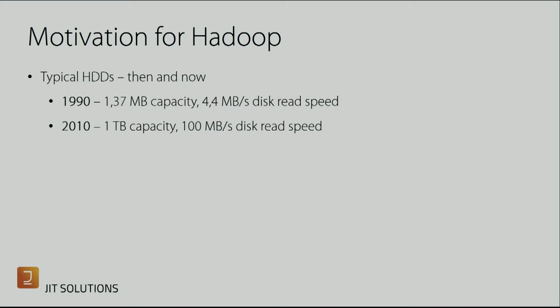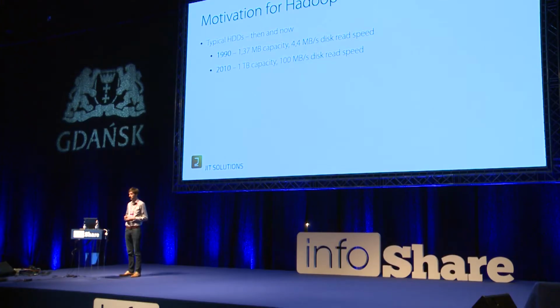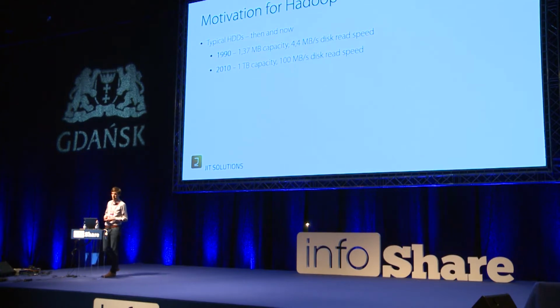Back in 1990, it was quite common for your PC to have a hard drive with the following specs: 1.37 megs of capacity and a disk speed of 4.4 megs per sec. While 20 years later, a year before the first release of Hadoop, you would have somewhere around 1 terabyte of capacity and 100 megs per sec when it comes to the disk speed.